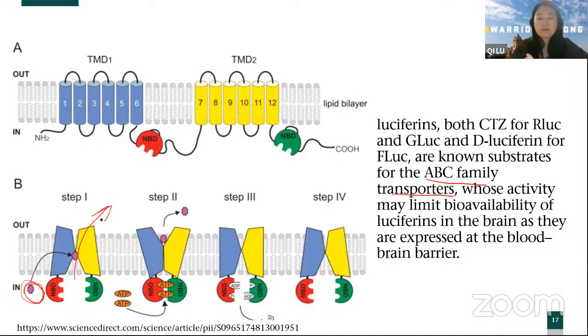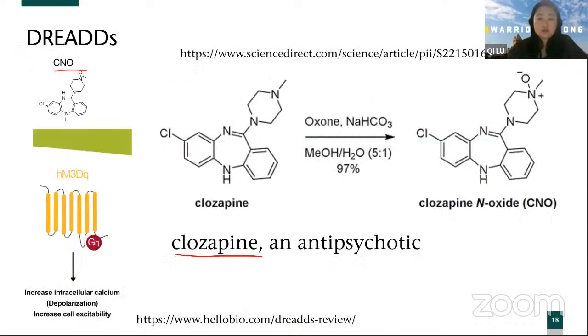So these ABC family transporter activities may limit bioavailability for luciferins in the brain, as they are also expressed at the blood-brain barrier. So it may remove those luciferins from the region of interest tissue.